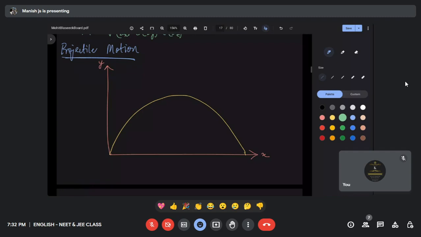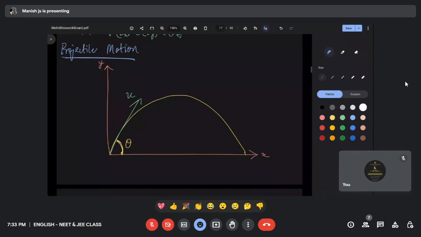It is projected with some initial velocity u, the velocity with which the object is projected from the ground level. The angle it makes with the horizontal is theta.